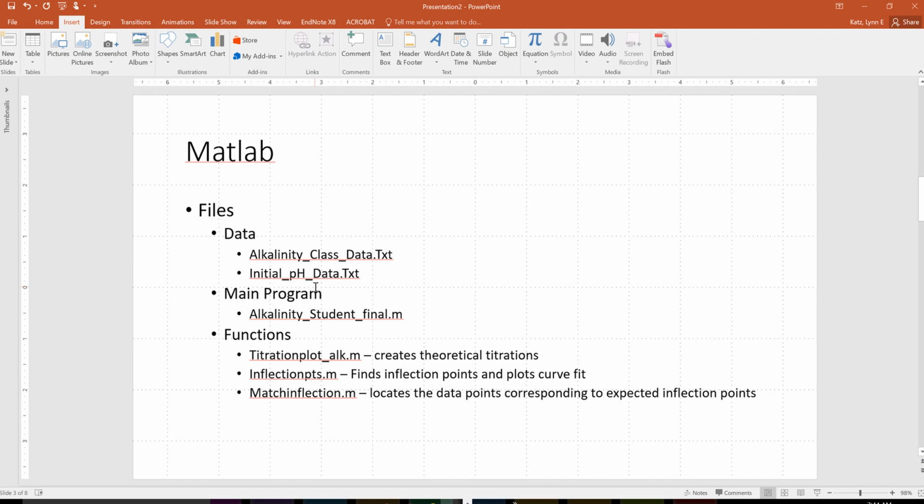Match-inflection.m then locates the data points corresponding to the expected inflection points. And so that's how we identify the endpoints of our titration. I should say the equivalence points of our titration. We will also do matching to get the color endpoints to match as well. And we'll see that as we go.